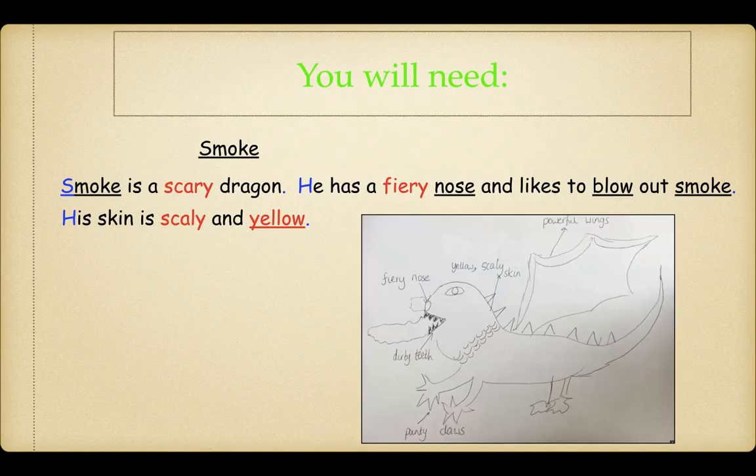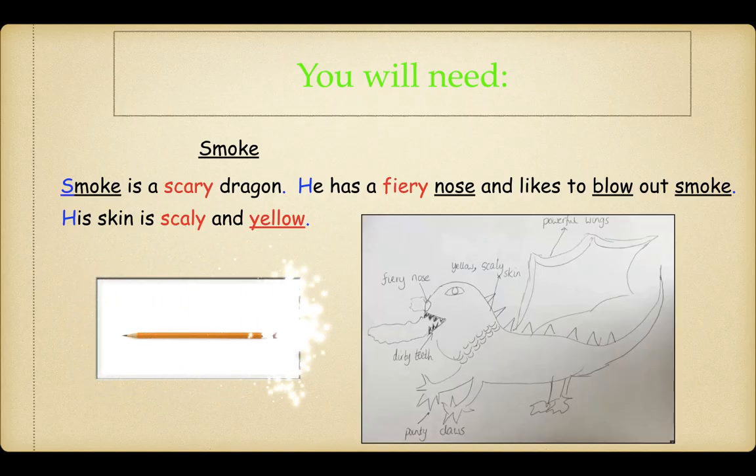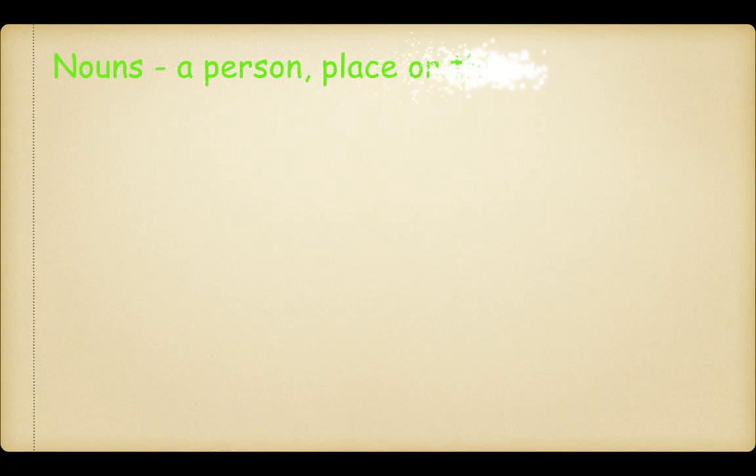So you need your drawing. If you don't have it, this one here will appear in each slide, so you can use it to help you with your writing. Hopefully you still have your pencil with you because we need to do some writing. So let's have a look at what's going to happen next.